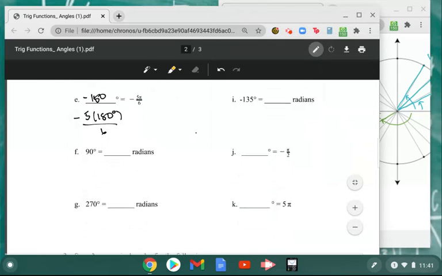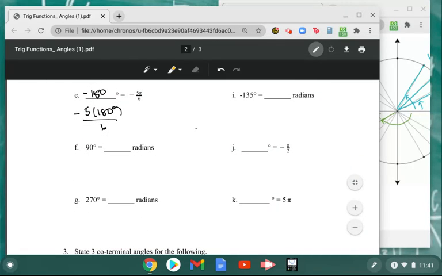Okay, 90 degrees. This is a really nice one, right? We know that 90 degrees is the same as pi halves. I can do my conversion though. I can do 90 degrees times pi over 180. I cancel, and I end up with pi divided by 2, so pi halves. Now 270.